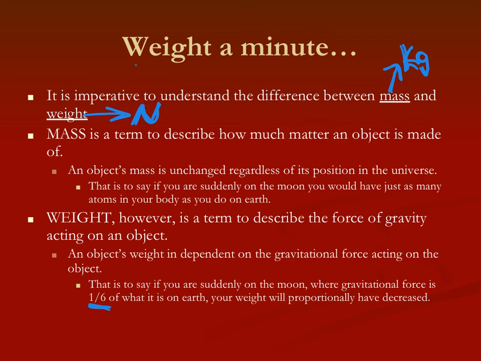So make sure as we go through calculations and investigations and things like that, we keep those two terms separate and distinct. Mass in kilograms, measure of the amount of matter. Weight, measured in newtons, a measure of the force of gravity acting on an object's mass.